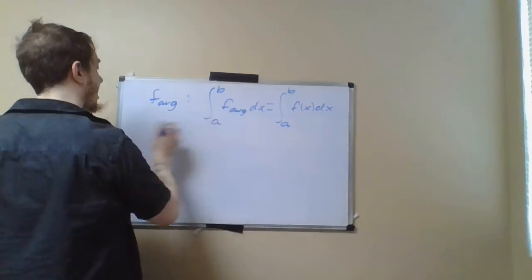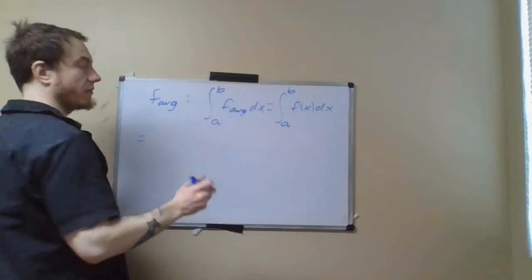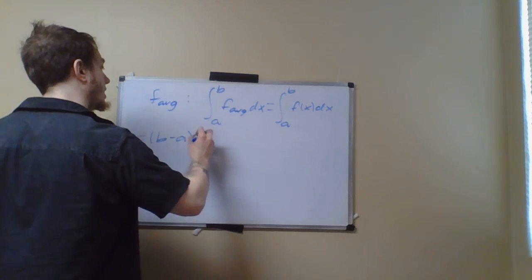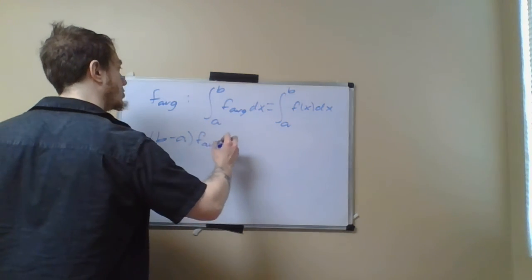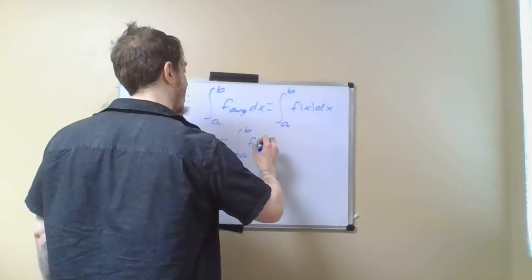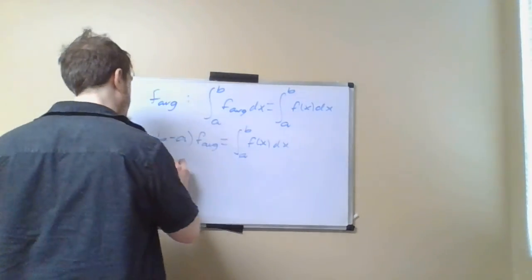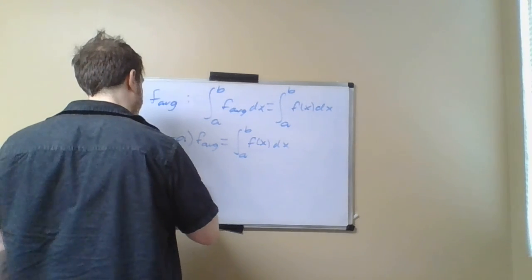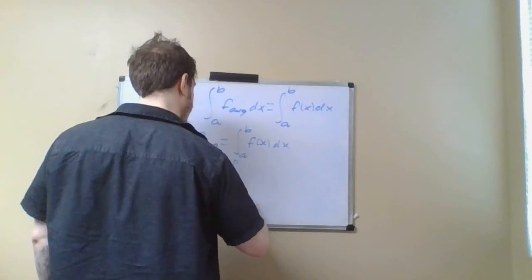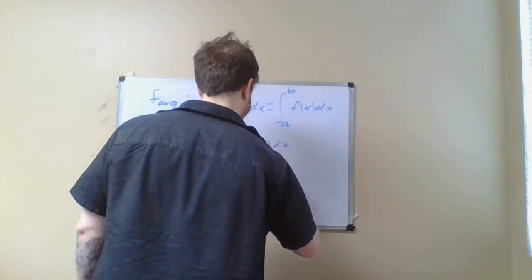However, this on the left, this is the integral of a constant. And for a constant, this is just the width of the interval times f average. And on the right-hand side, we have the integral from a to b, f of x dx. Well, that means we must have that the f average is equal to 1 over b minus a times the integral from a to b of f of x dx.